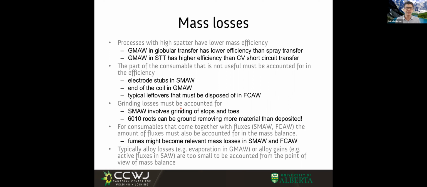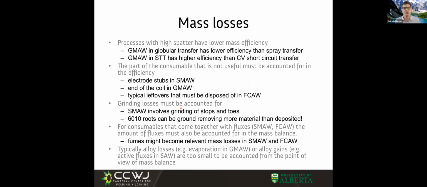I'm not certain on this, but if you remember, we talked that during the deposition in arc welding, the droplet temperature is of the order of 2500 C in steel and aluminum. That's very close to boiling. And that means that there is a significant amount of metal evaporation that turns into fumes. I've heard numbers quoted as high as 10% of the electrode burning out in the form of fumes.